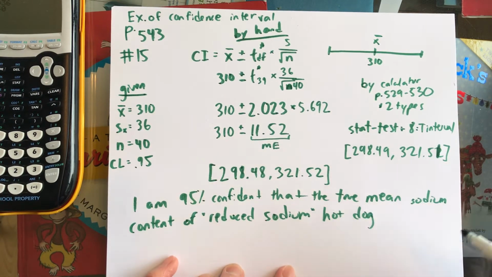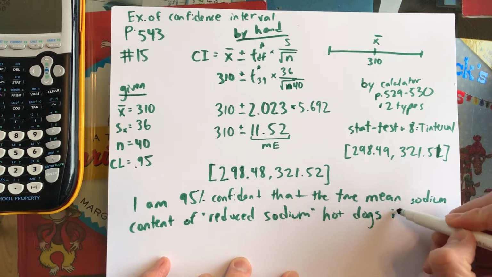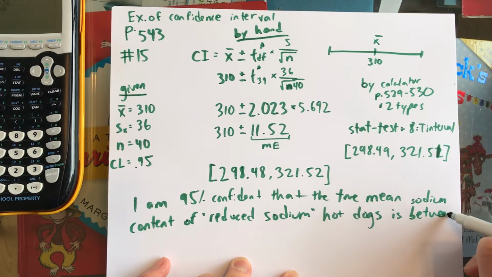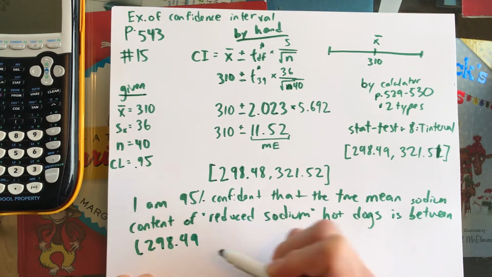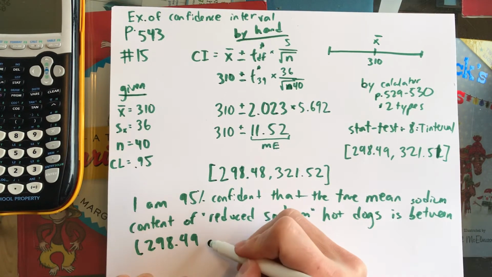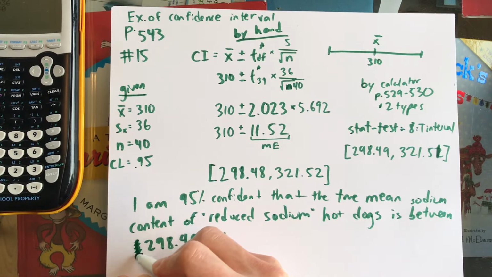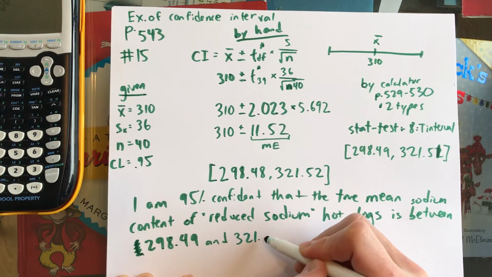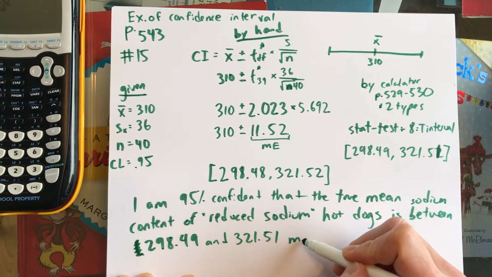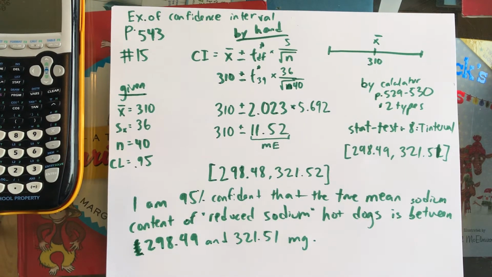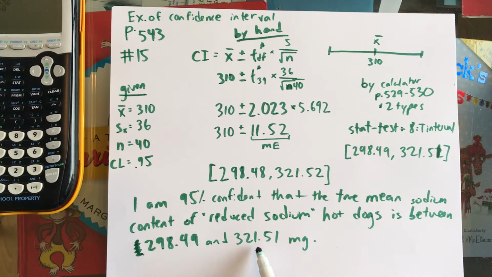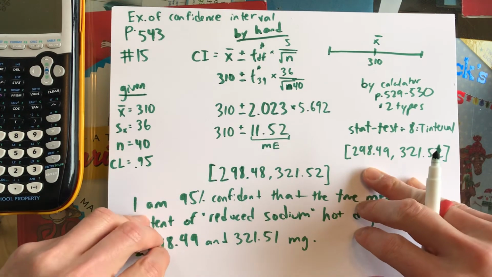So the content of reduced sodium hot dogs is between 298. I'm going to use the calculator one because this is more exact. And oops, we don't need this. 321.51 milligrams. Okay, I am 95% confident the true mean sodium content of reduced sodium hot dogs is between 298.49 and 321.51 milligrams. Voila.